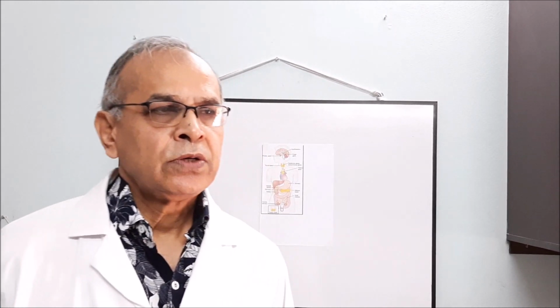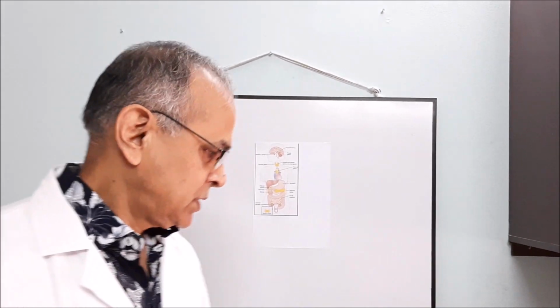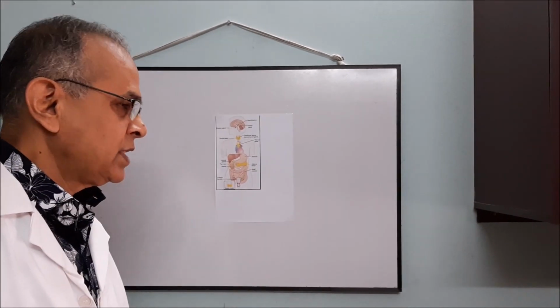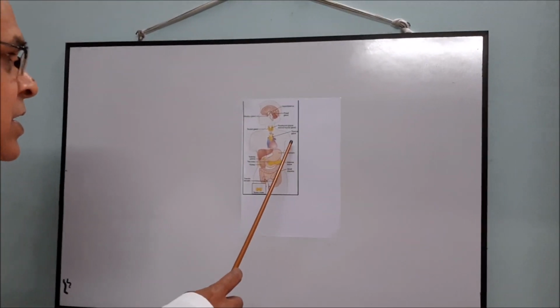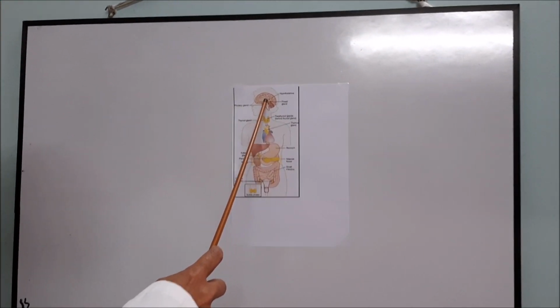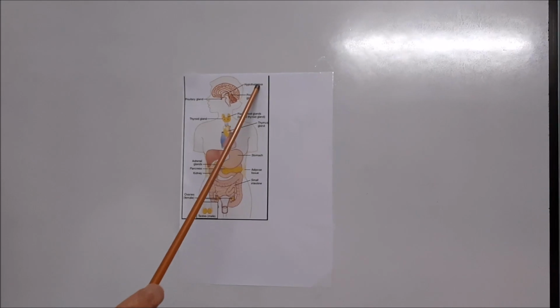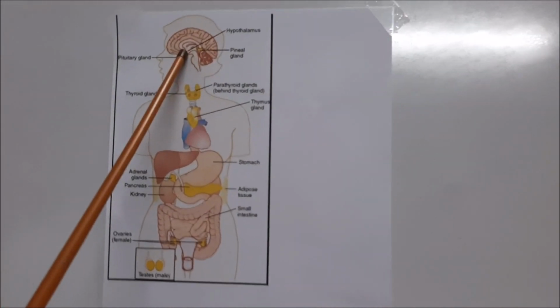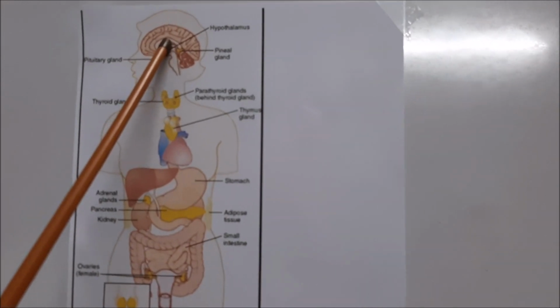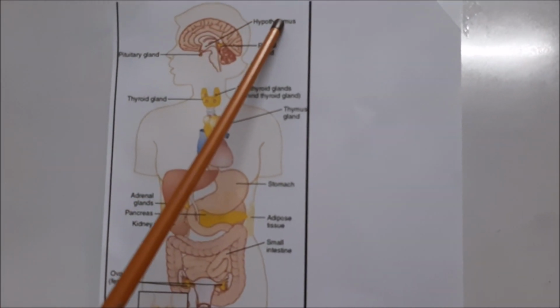Now, I would like to show you one picture with the anatomical location of the different endocrine glands. First, you see the hypothalamus, the endocrine portion of the hypothalamus.